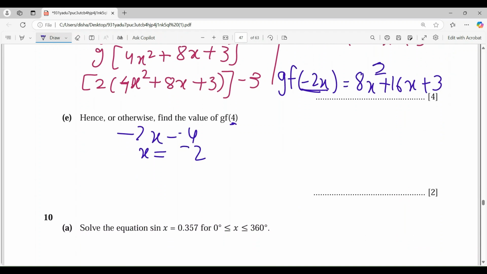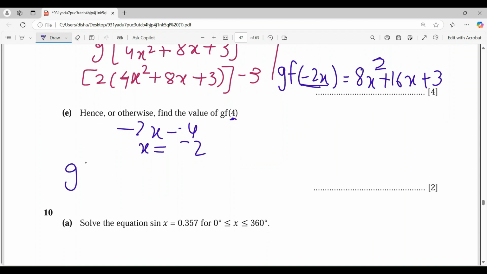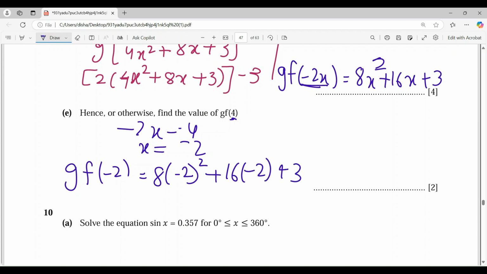So simply substitute: g of f of 4 will be equals to 8 into minus 2 square plus 16 into minus 2 plus 3, which is equals to 3. So g of f of 4 is 3.